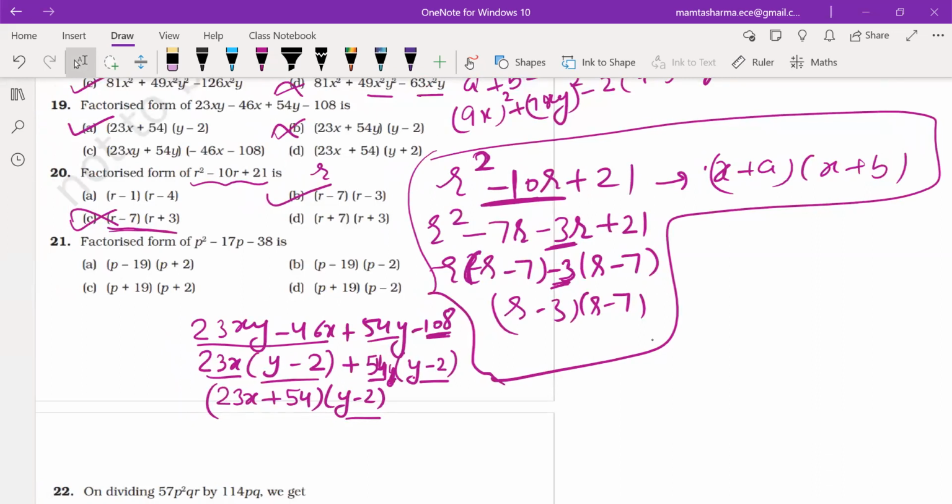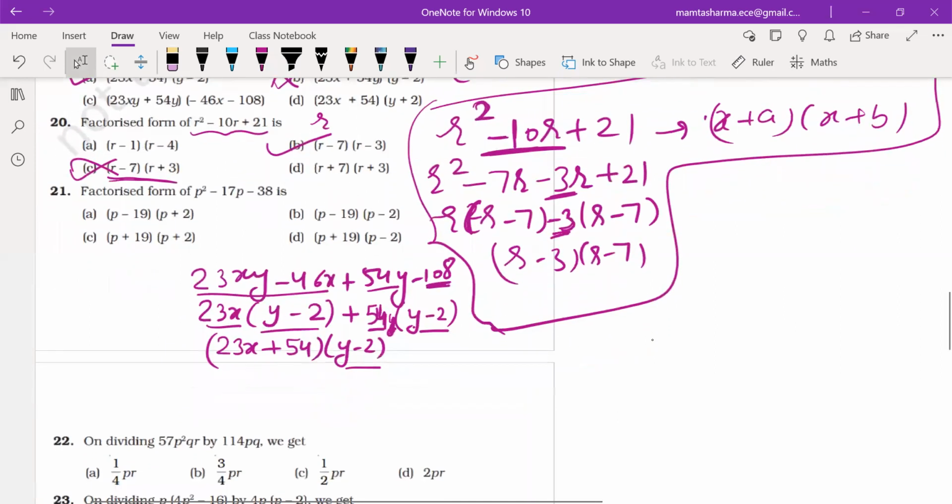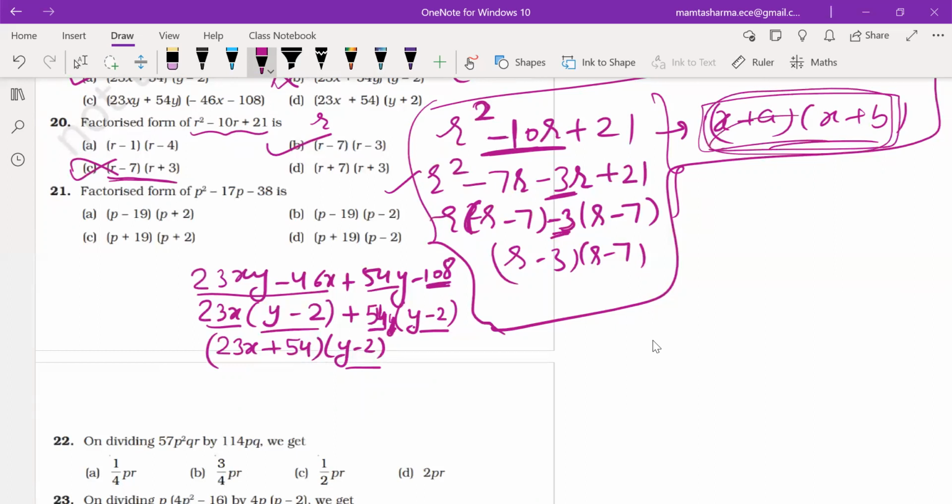Regrouping means splitting the middle term. 21 means 3 into 7 is 21, so I split the middle term and completed it. Yes, but that method is called the x plus a, x plus b method only. The middle term splitting method is x plus a, x plus b only.